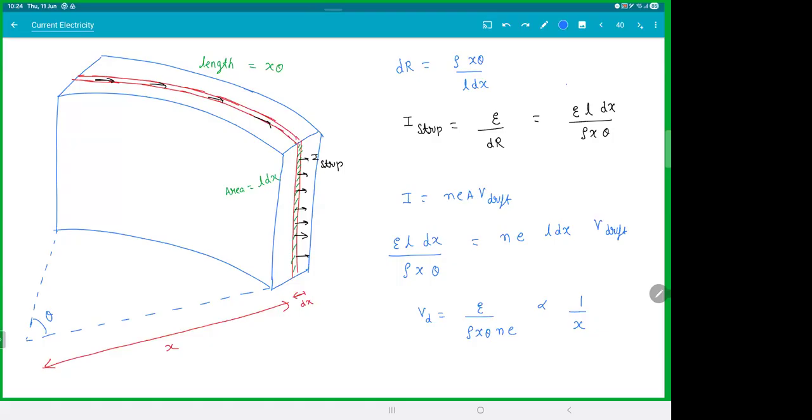So I found current in the thin strip, and then I said I is equal to N e V d. That's how you get the drift velocity. You can't take the current in the whole thing, because at every point you don't have the same amount of current. Every strip will have different currents, so they'll have different velocities. Any doubts on this?